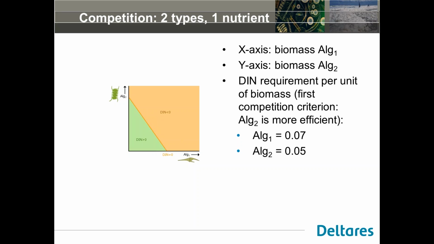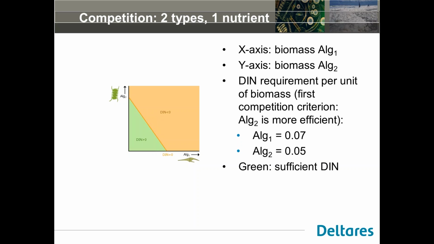And we notice that in this example, there's a difference in the requirement of these two algae. So algae 1 requires 0.07 per unit of biomass, and algae 2 requires only 0.05 per unit of biomass, which means that we can make a bigger biomass of algae 2 than of algae 1 with the same available amount of nitrogen.